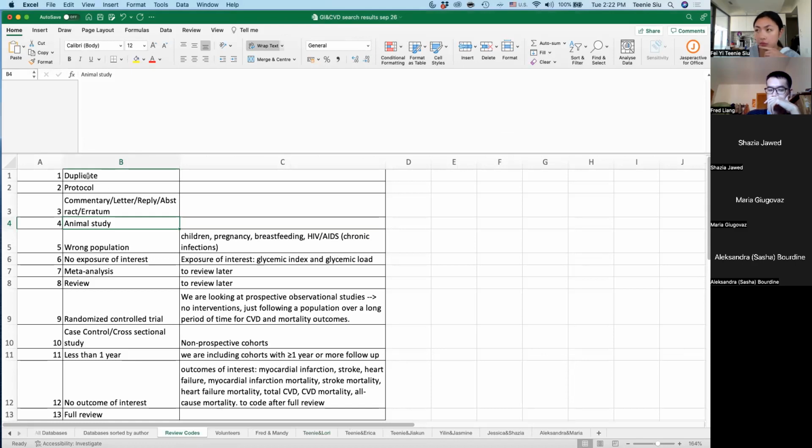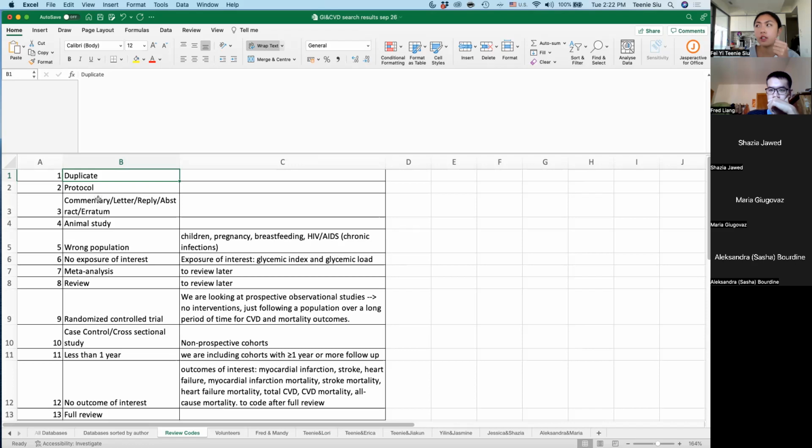So for these codes, RCT and case control, I think because in most of the studies I have seen, meta-analyses and RCTs are there, and they mention that it is a meta-analysis in the beginning, but we have to overlook it as it is not mentioning the glycemic index. Is it correct?